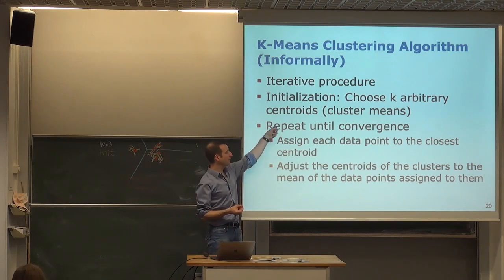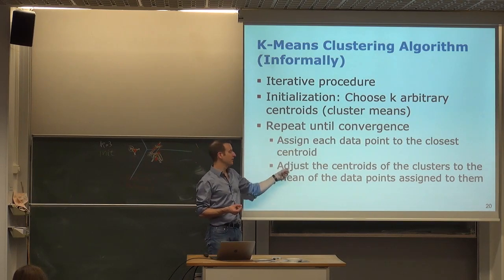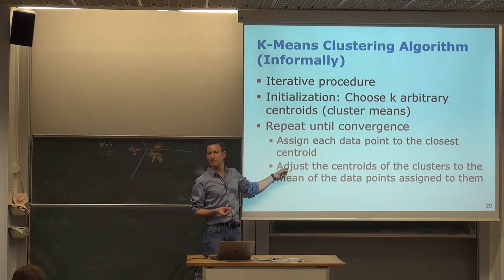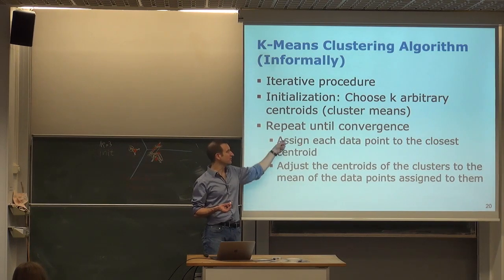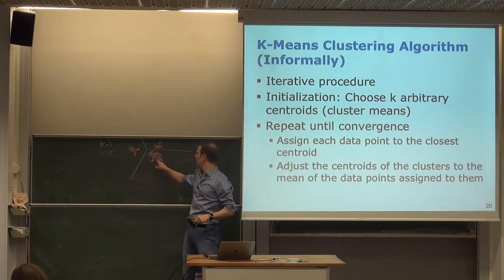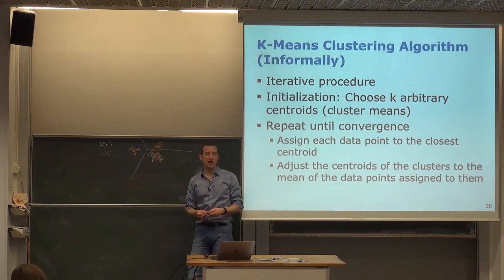Then we go back and make an assignment again. If we then realize nothing has changed in the assignment, the means will not change anymore, and this is an indication that the algorithm has converged. If no assignment has been changed, the centroid locations will not change, and I'm basically done. I abort the algorithm, and I've got the 3 centroid locations.